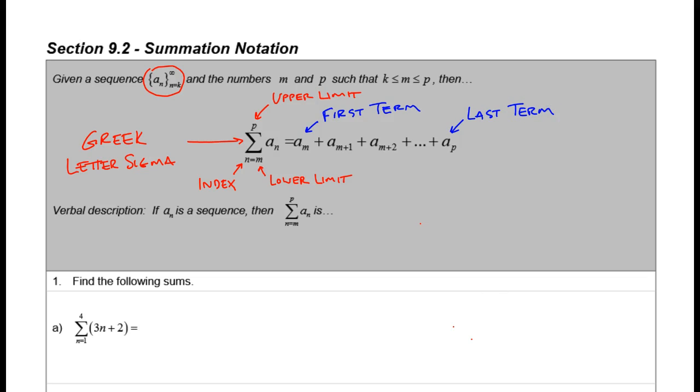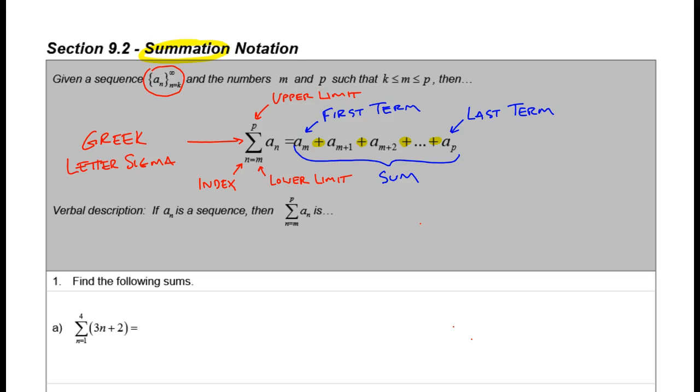And everything else, you should notice we have a plus, plus, plus, plus. This is all a giant sum. So this indicates that we are taking the terms of a sequence and adding them up. That's where we get the word summation from.